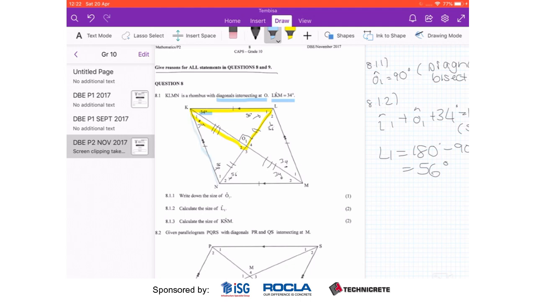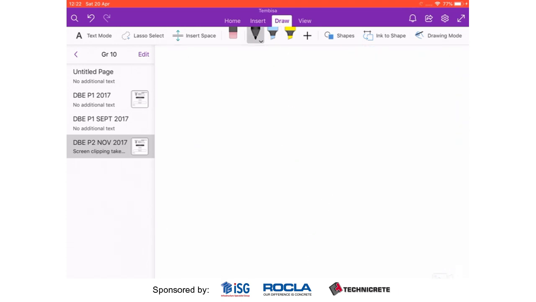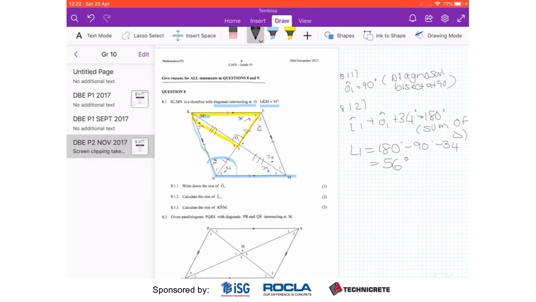Okay. The size of K and M. So K to N to M. So they want the whole angle here. Very easy. We've already written down our information. We know what it's going to be. Just make sure that you articulate your answer correctly. So 8.1.3. Firstly, we've got to state that L1 is equal to angle L2, 56. Your reason is diagonals bisect the angles. Then we say that angle KLM is equal to angle KNM.